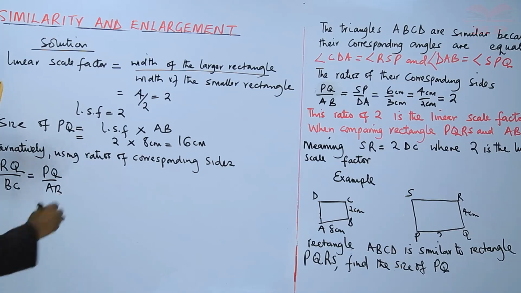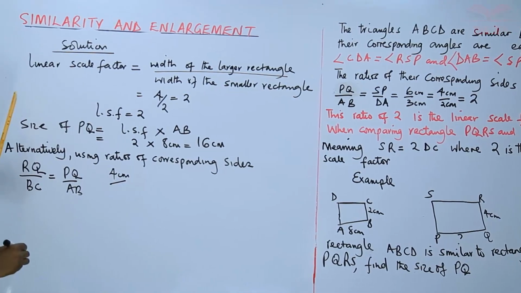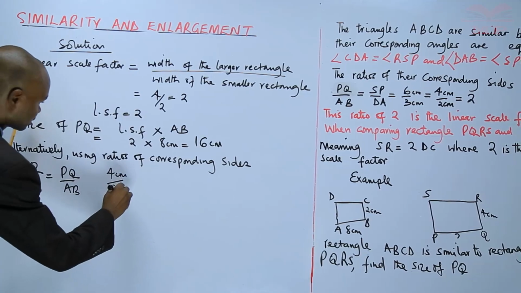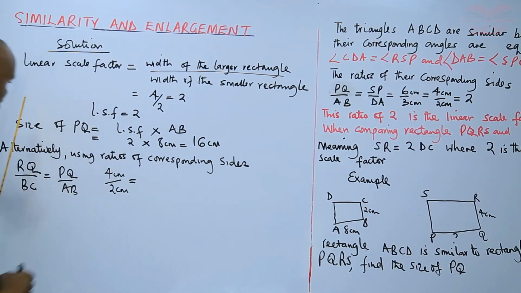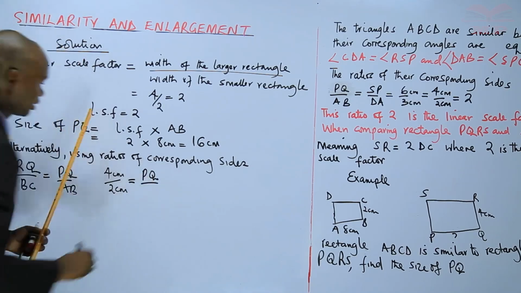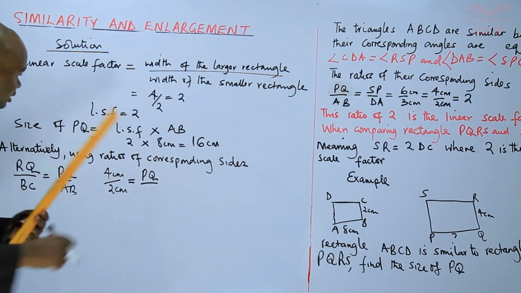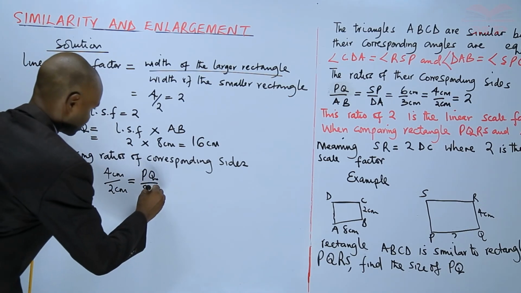You substitute RQ is 4 centimeters, BC is 2 centimeters, PQ is unknown, and AB is 8 centimeters.